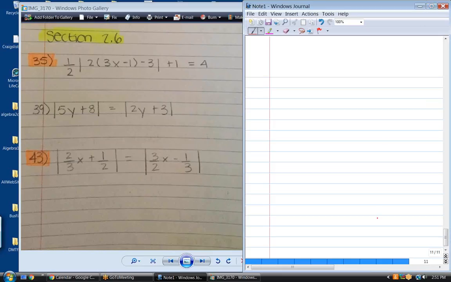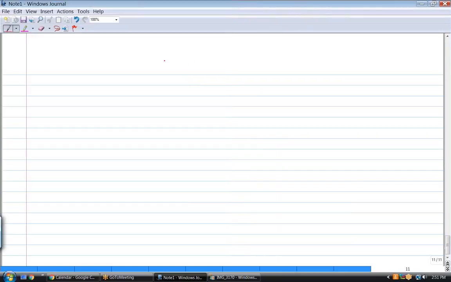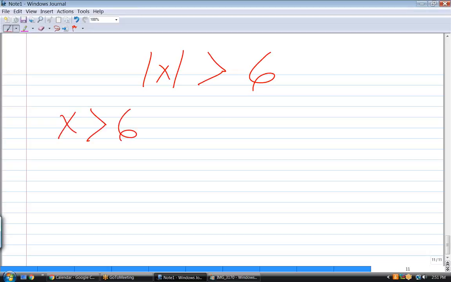There is one difference on the inequality. I'm going to cover this. If I say the absolute value of x is greater than 6, what two things does that mean? The first thing is always exactly what it says, only without the absolute value sign.